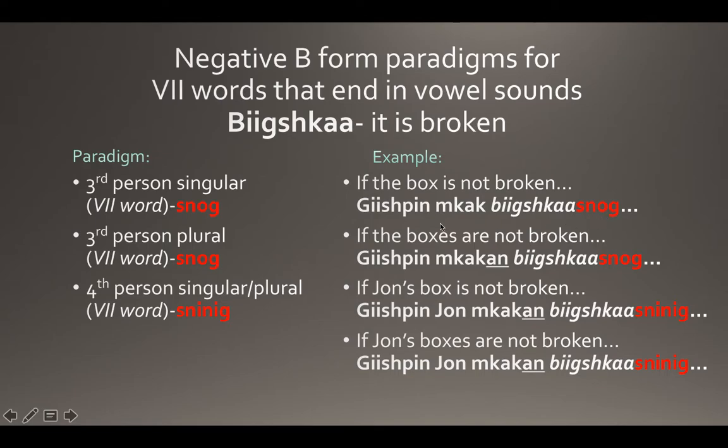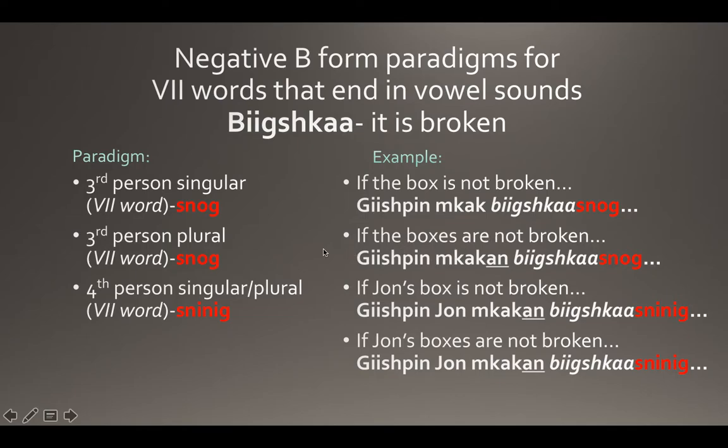Notice how the verb is italicized, just like in our paradigm, and then the suffix snug is attached right onto the verb. So we have gishbin, if; mkuk, the box; bikshka snug, if it's not broken.